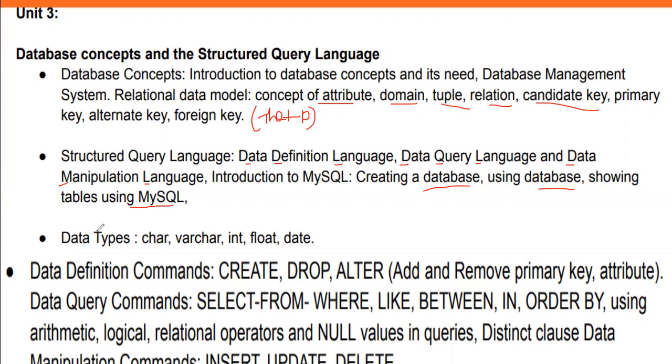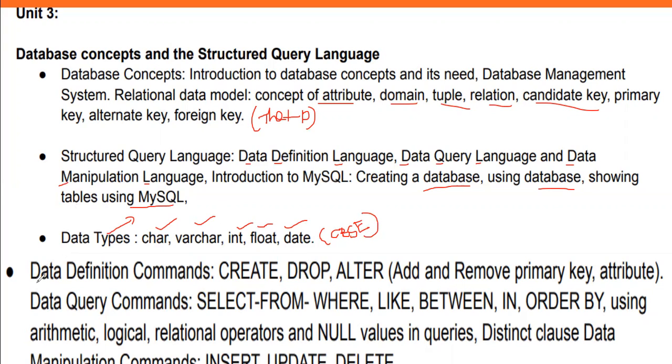And what are the different data types we use in MySQL? That is char or varchar, int, float, date. There are other data types also, but CBSE has prescribed only char, varchar, int, float, then date.